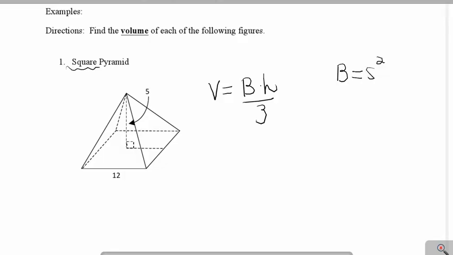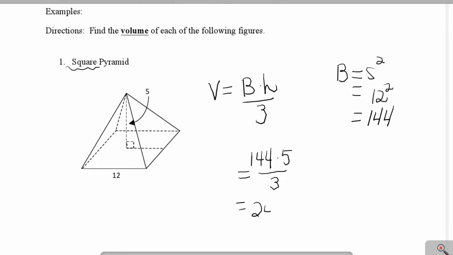I know the side of my base is 12, and 12 squared is 144. So I have 144, and then I'm going to multiply that by the height, which is 5, and divide my final answer by 3. So the final answer for the volume of this pyramid is 240 units cubed.